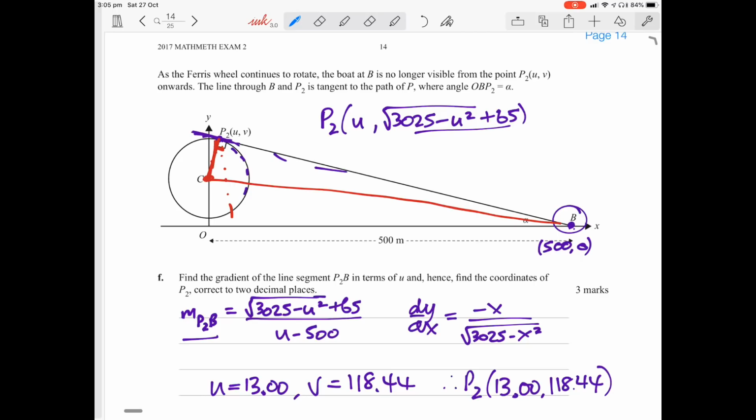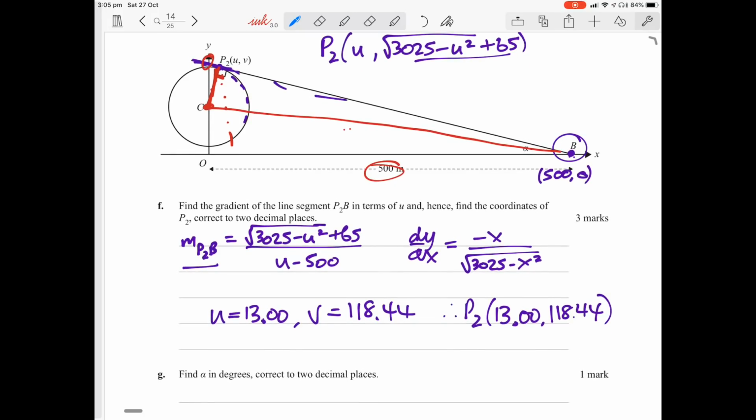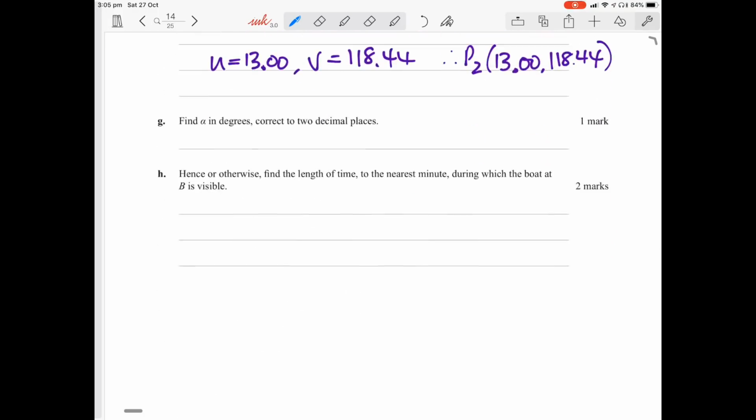That's not 500, because that's 500, so that's not 500. Think brain. And we could find that intersection point. Let me think about it. What am I going to do? What's the easiest thing to do here?